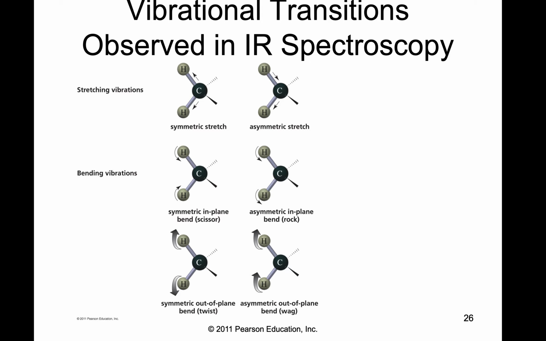Now, I want you to remember there's symmetric and asymmetric stretches. And for bending, there's actually 4 different modes. Symmetric in-plane bend, called scissor. Then there's asymmetric in-plane, rock. Symmetric out-of-plane, twist. And asymmetric out-of-plane, wag. 4 bending vibes, 2 stretching vibes.